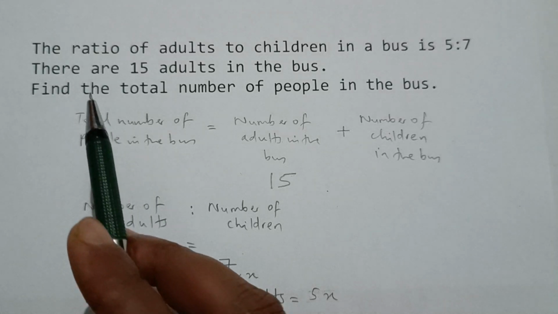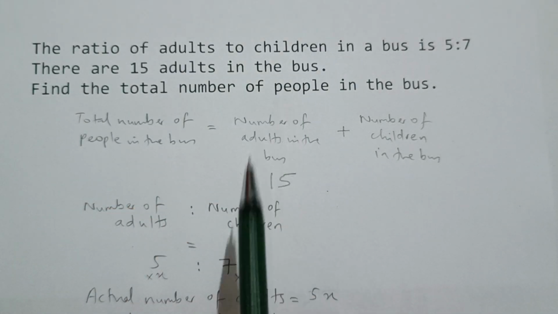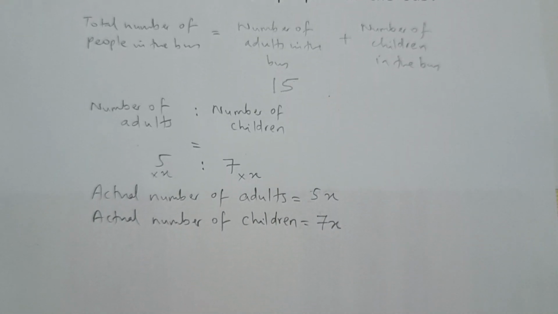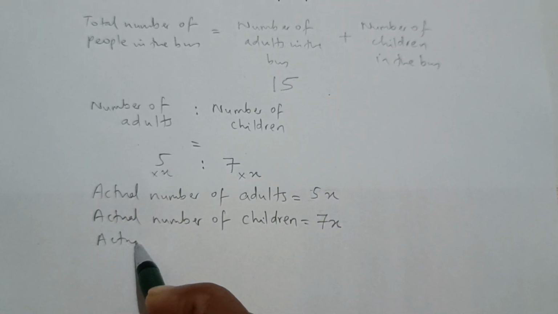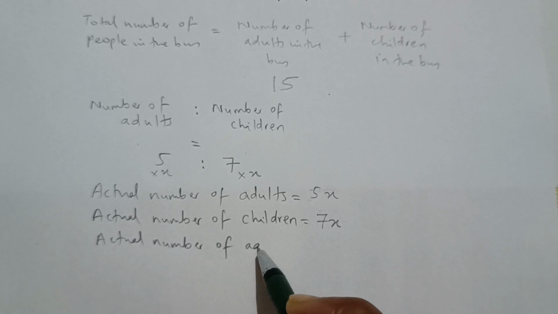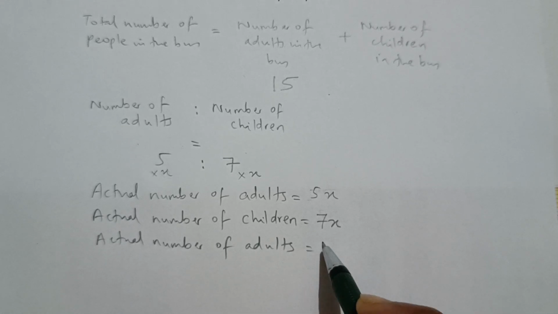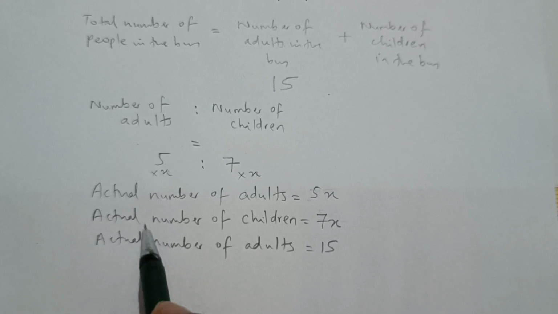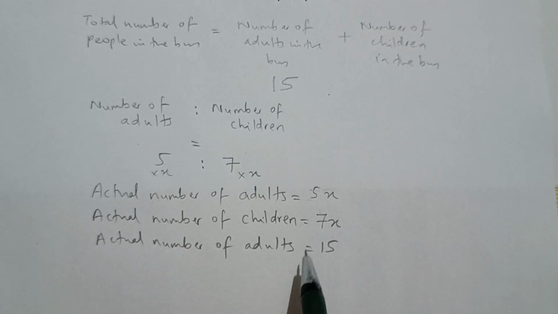Now, they are saying that there are 15 adults in the bus. So the actual number of adults in the bus is 15. This is given to us in the question. Look at these two statements.